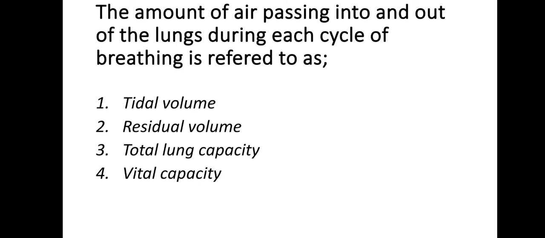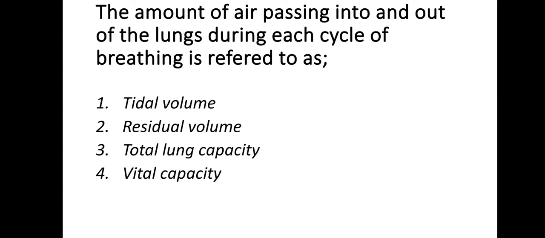The amount of air passing into and out of the lungs during each cycle of breathing is referred to as. Options: tidal volume, residual volume, total lung capacity, and vital capacity.